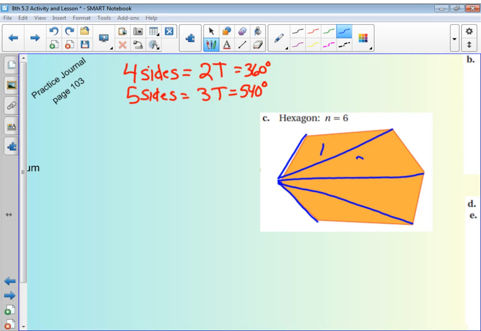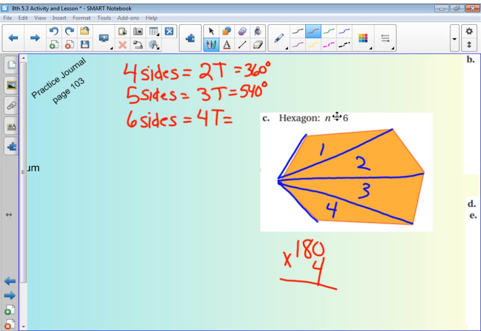So we have 1, 2, 3, 4 triangles. This time I have a 6-sided figure, and that gave us 4 triangles, which if I take 180 times 4, gives me 720 degrees.